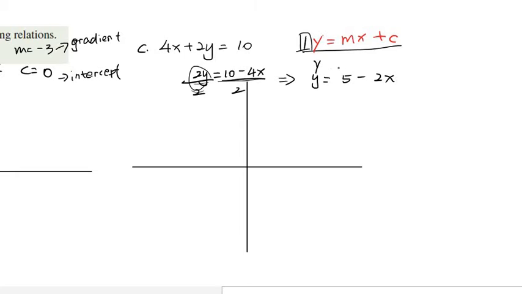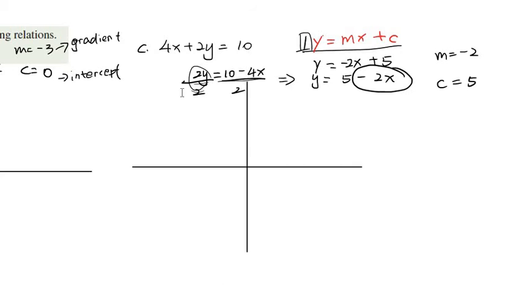So we have y equals, because we have the x term first. When we move a term, we always need to include the sign in front of it. So that's going to be minus 2x plus 5. There's nothing before the 5, so it's a positive 5. Then the gradient of this equation, my m, is equal to negative 2, and the y-intercept for this equation is going to be equal to 5.